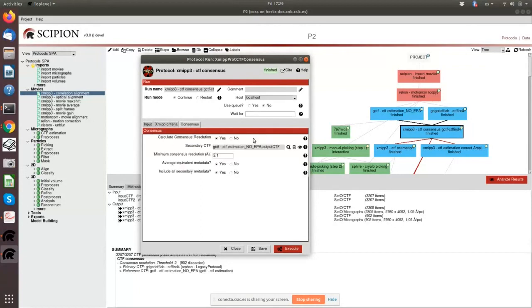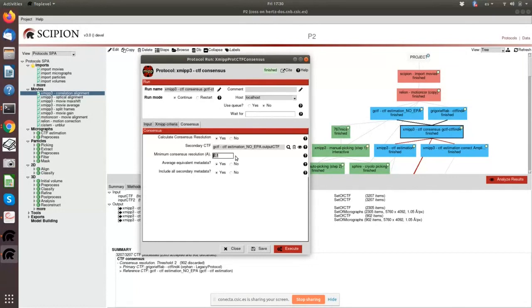And I was using the consensus between the two. You take the second estimation of the CTF, and you ask both estimations to be consistent up to 2.1 angstroms. Consistency means that if you draw the CTF profile, the two CTF profiles do not differ more than 90 degrees, I think.